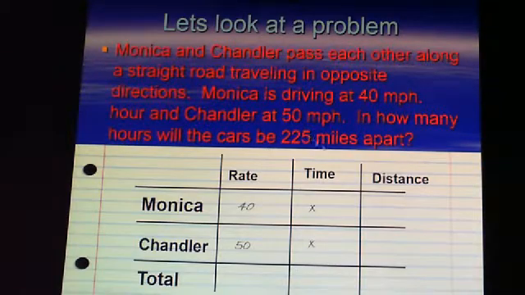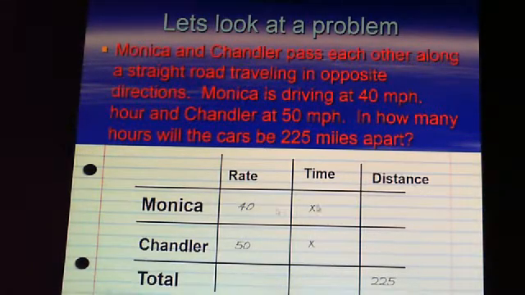Whenever they get to be 225 miles apart, they will both be 225 miles apart at the same time. So our time is going to be what we're looking for. In how many hours will the cars be 225 miles apart? So we want them to be 225 miles apart, right? That's why that goes down here at the bottom. That's our total. When will they be this far apart at the end?